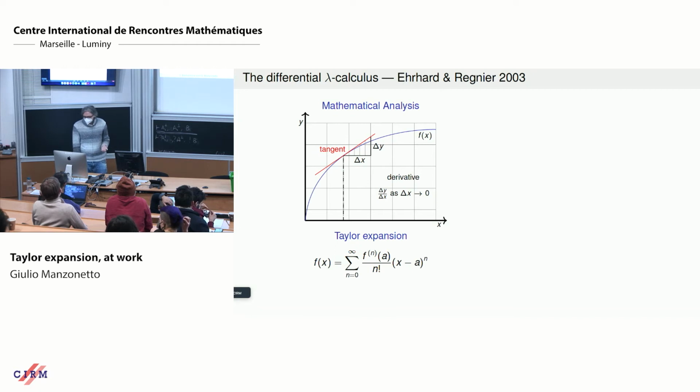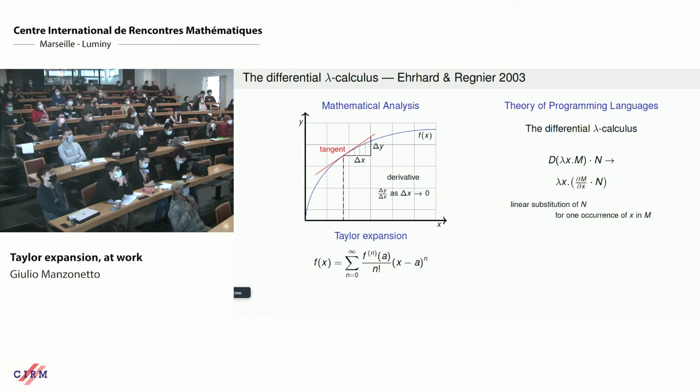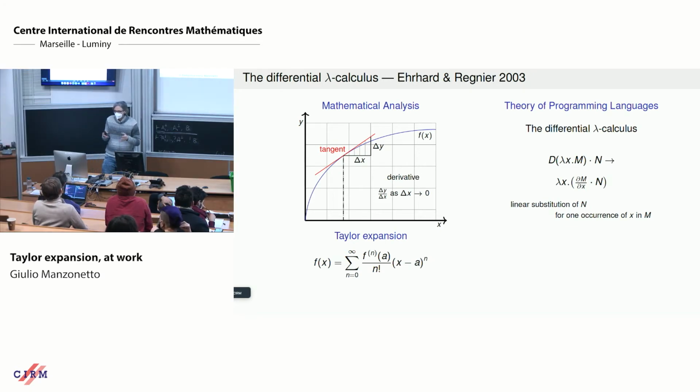So the question is whether we can import this kind of technique from mathematical analysis to the study of the theory of programming languages. And the answer is yes, which is what Ehrhard and Regnier did with the differential lambda calculus. But what we need to understand is what it means to differentiate a program.